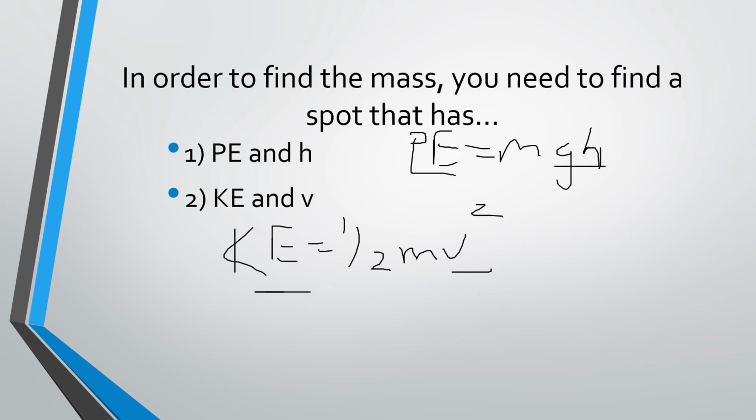So that's the first thing you need to look for, because you can't find the total energy until you find the mass. Finding the mass needs to be your first step.